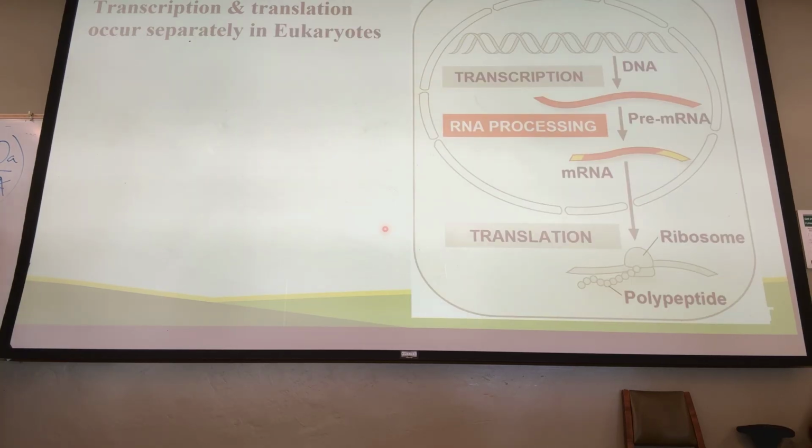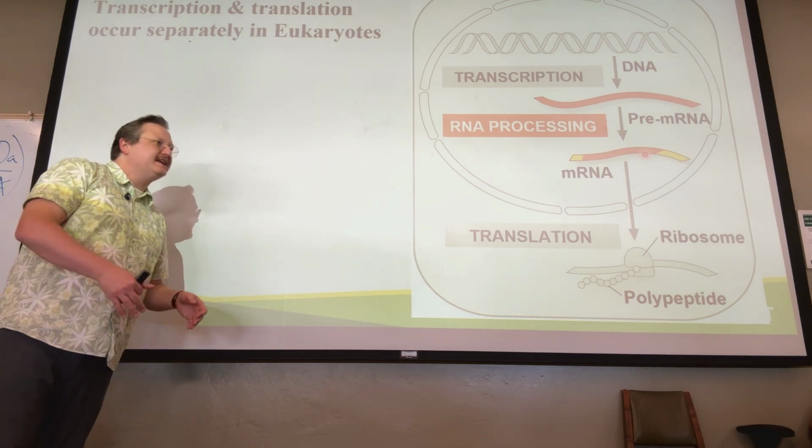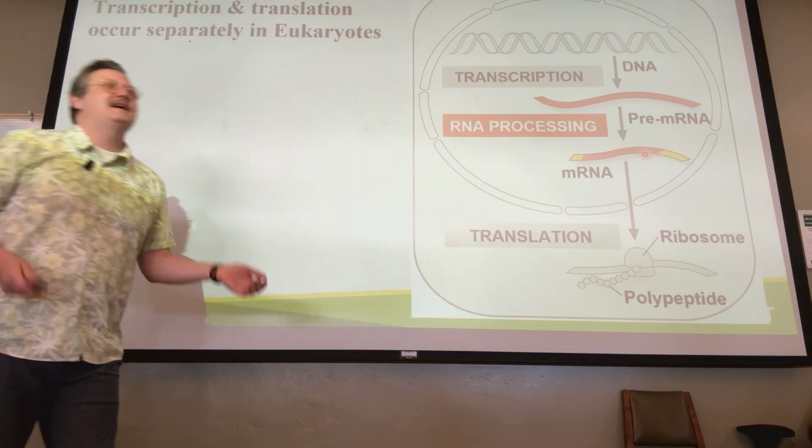So, in eukaryotes, there's more steps, all right? There's a transcription step, and that makes this molecule that's called pre-mRNA. And then there's an RNA processing step where that pre-mRNA molecule gets modified, all right? Some pieces get chopped out of it, some pieces get shuffled around.